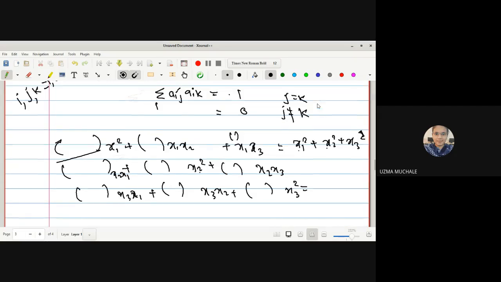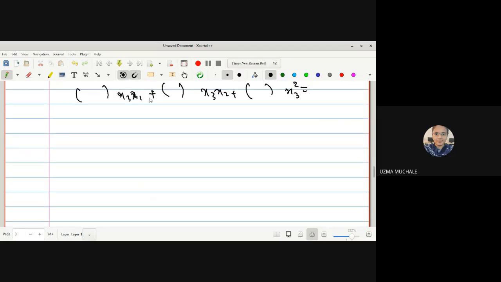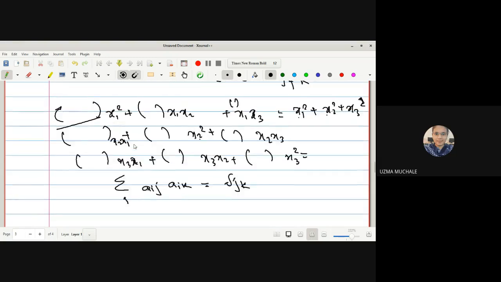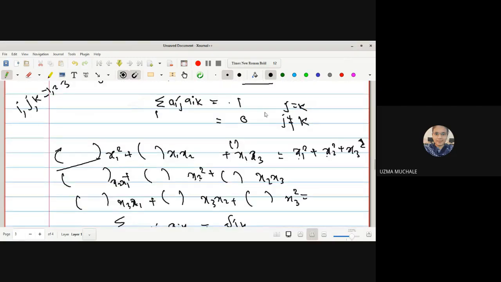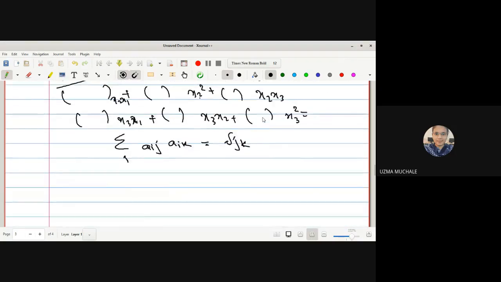Okay, so we can write this as summation over i aij aik is equal to delta jk, which is the orthogonality condition, right? And this orthogonality condition ensures that this is equal to 1 only if j equal to k, otherwise it is 0.